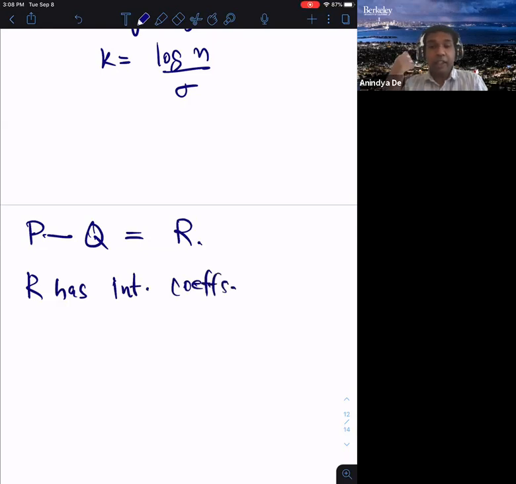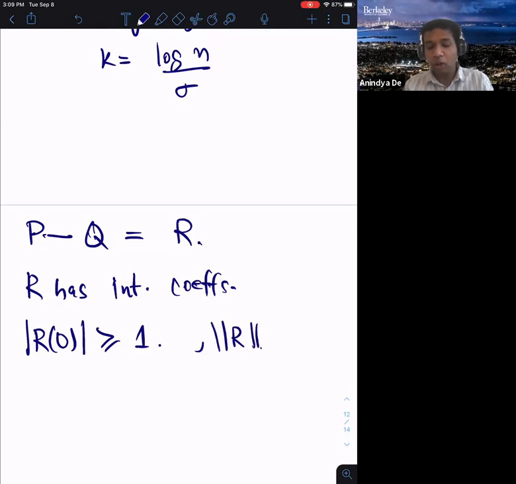We are thinking of the case when p0 is not equal to q0. So r0 is 1 or -1 or 2 or -2. The important thing is that r0 is at least 1 in absolute value. And the final thing is that the L1 norm of r is at most the L1 norm of p plus the L1 norm of q. So that's also n to the k. Okay.